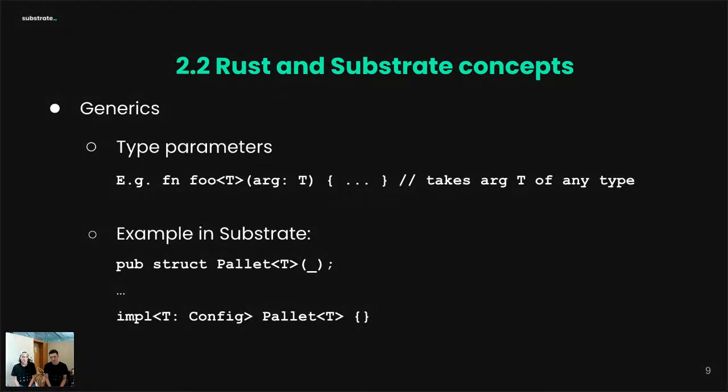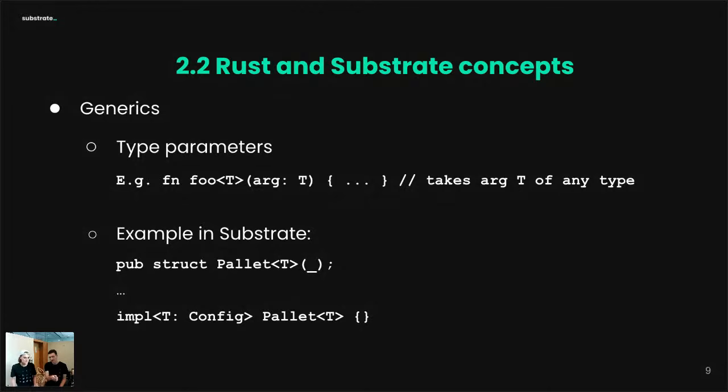If you look at the code in any palette, the palette is just a struct that has implementation over a generic type T. And that's how we manage to aggregate all of the knowledge, the business logic and the extrinsics and all the functions in that palette, and it gets exported to then be put into the construct runtime macro. But the power of generics is used so heavily in Substrate. What do you have to say, Dan?